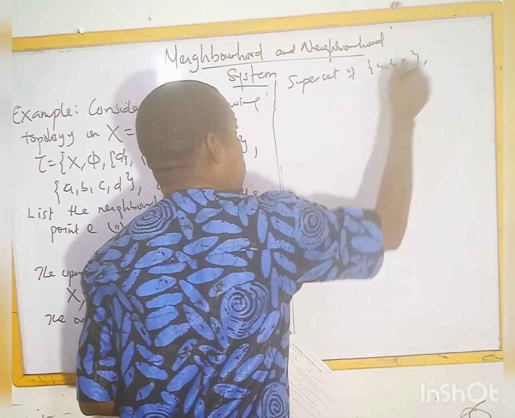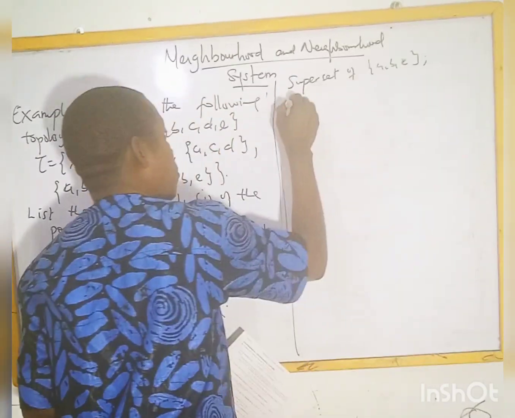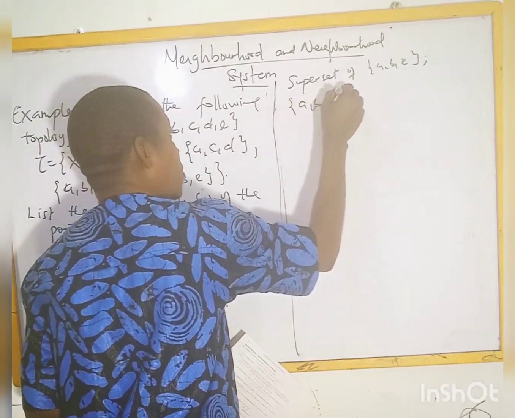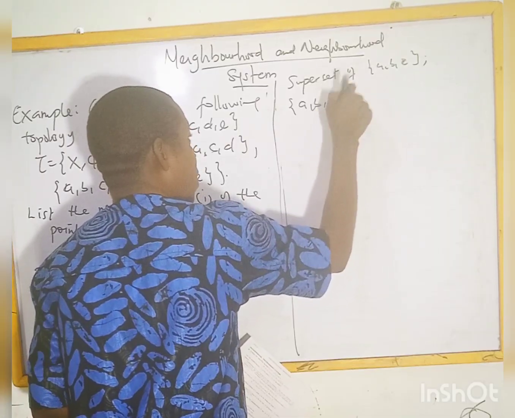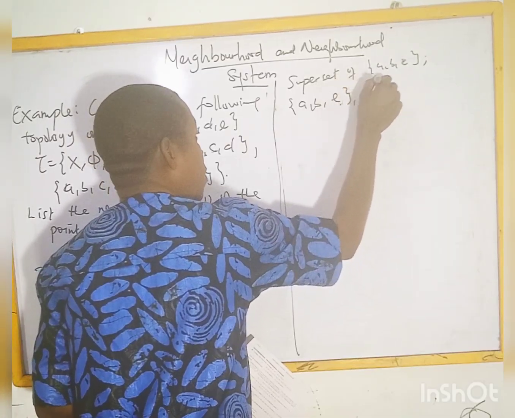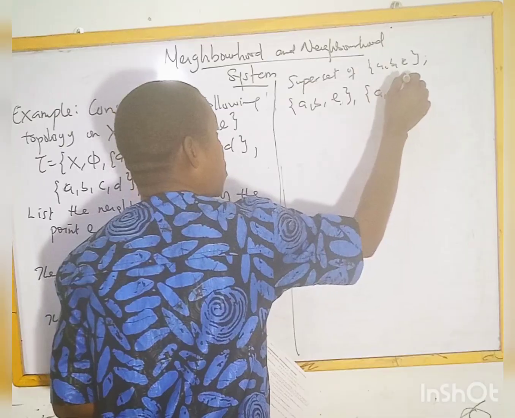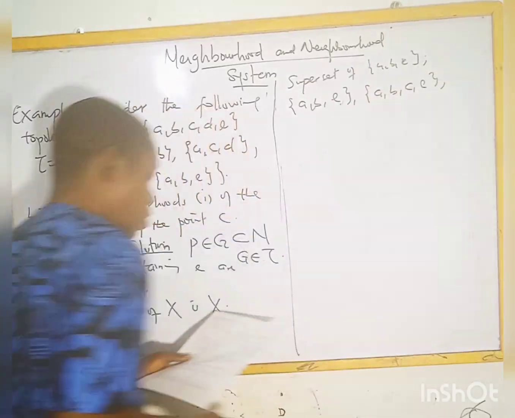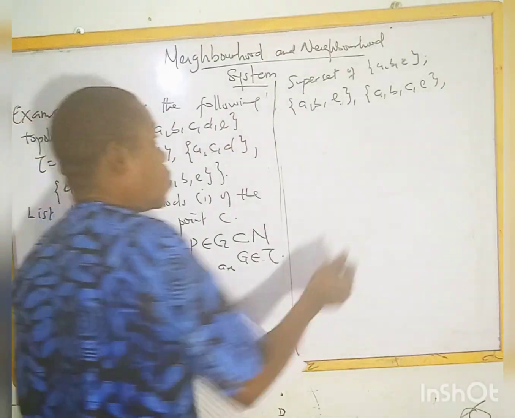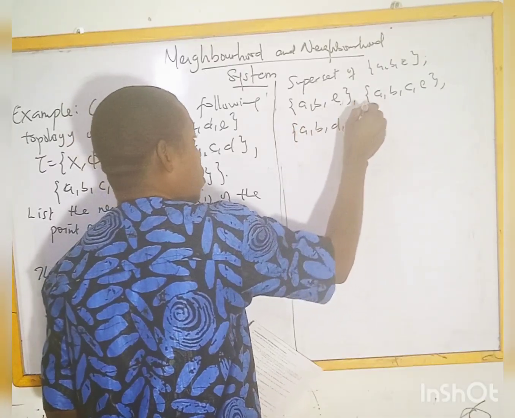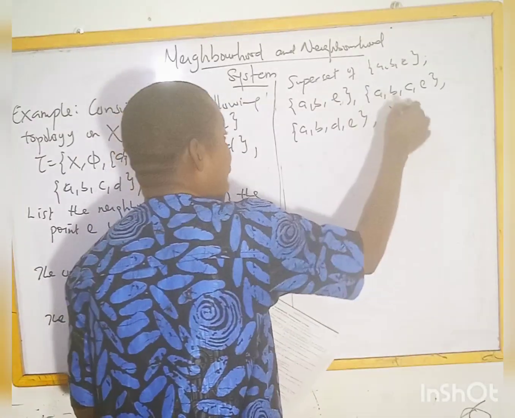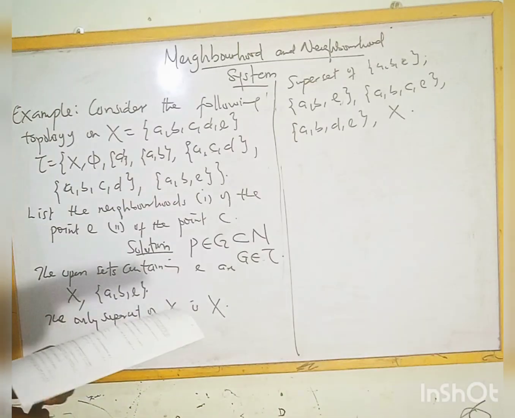One, we have A, B, C, E. A, B, E is also contained in itself. Then we also have A, B, D, E. Are we following? Then also X, which contains it as a superset.